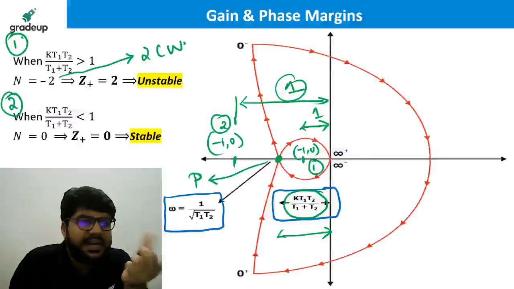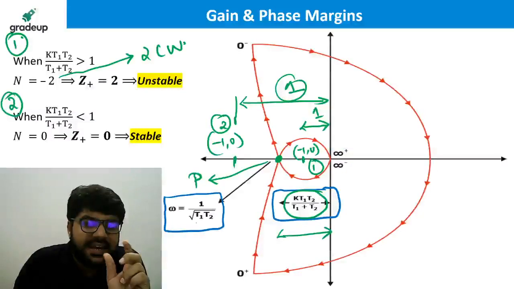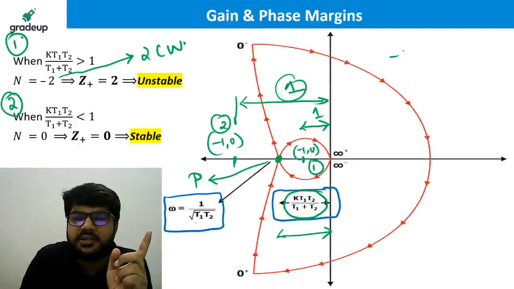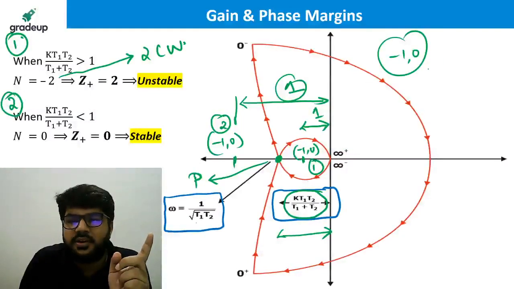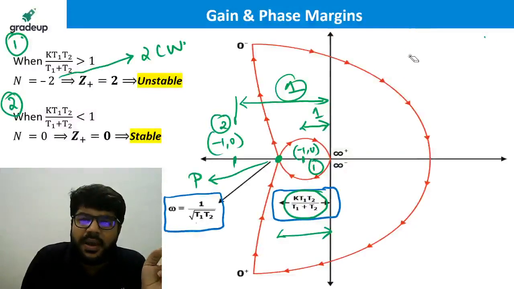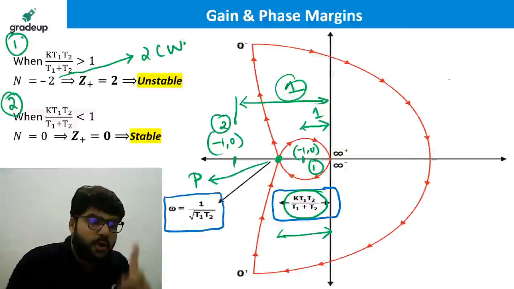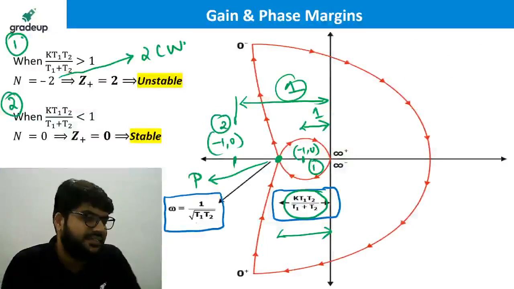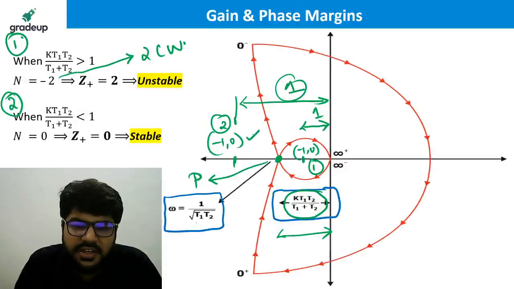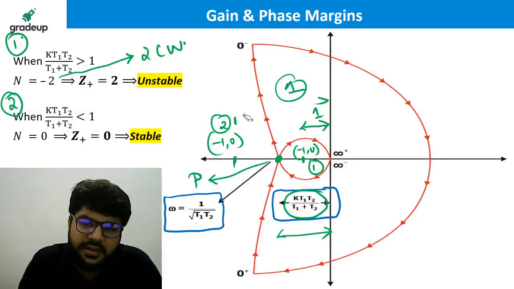Because for stability, encirclement of which point do we look at? Minus 1, 0. Minus 1, 0 lies on the negative x-axis. So that is why my most important point of concern is the point where the Nyquist plot cuts the negative x-axis. Then only I will be able to see whether there is an encirclement of this or not.